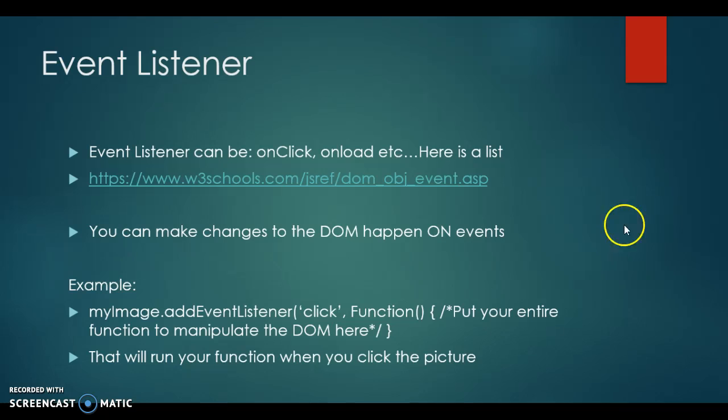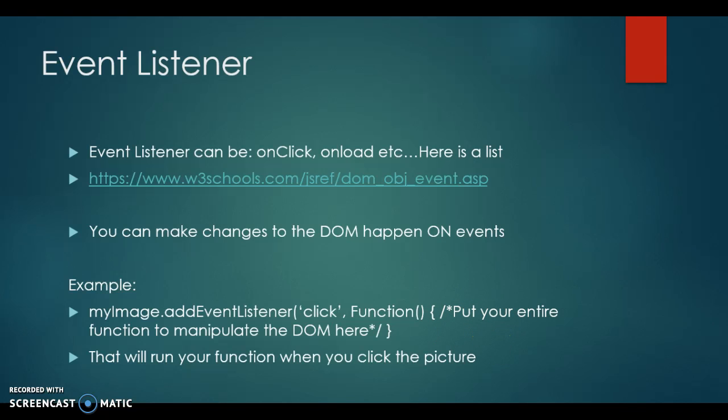So if we wanted to use some of the functions that we just created above to manipulate the DOM, you would type function, parentheses, and then in the curly brackets, you would put your entire function. That function would run when you click this element. In other words, myImage, click, and it would run that function.